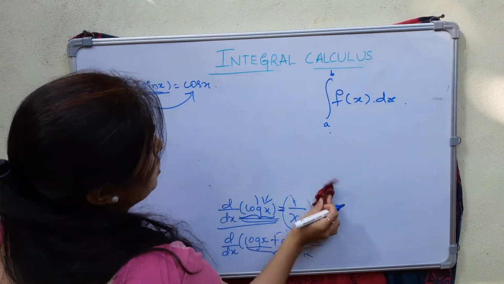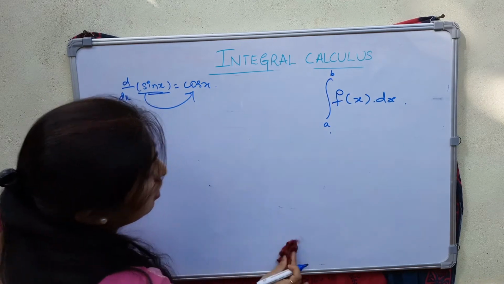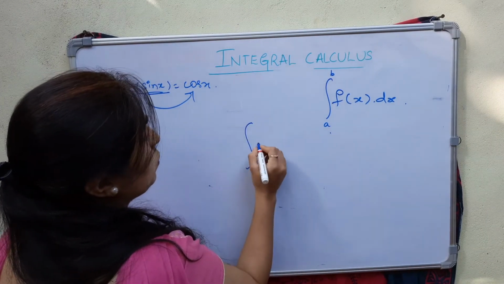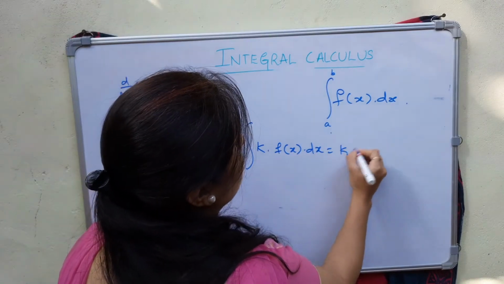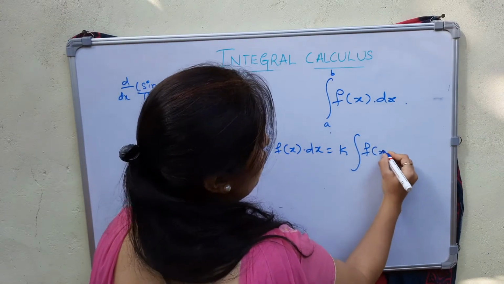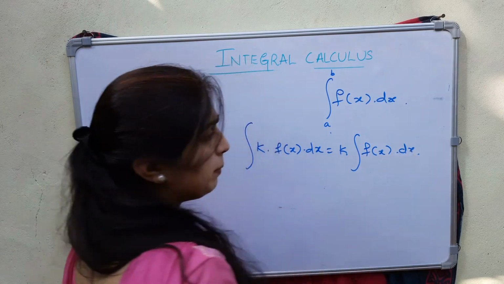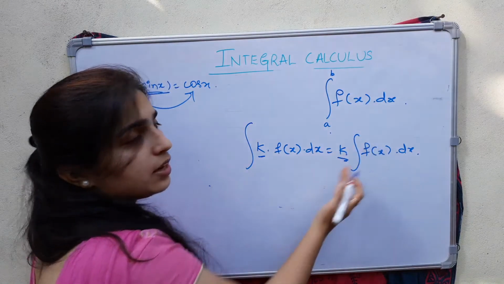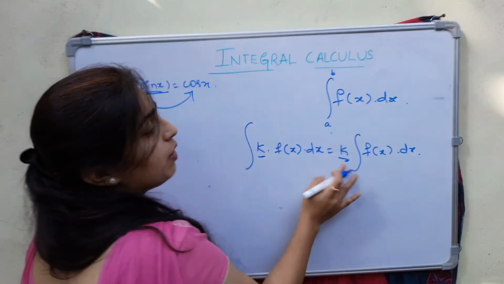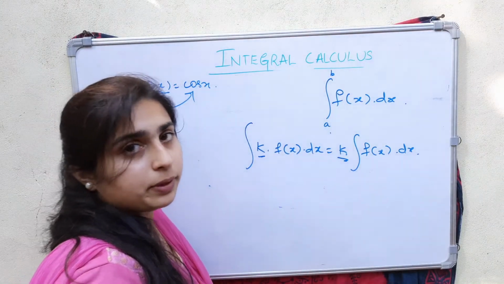Now in integration, if we are multiplying by a constant, the integration of k f of x dx can also be written as k times the integration of f of x dx. That means the constant can be moved across the integration sign, and the integration will be the same.